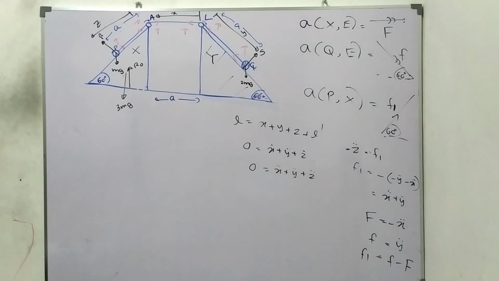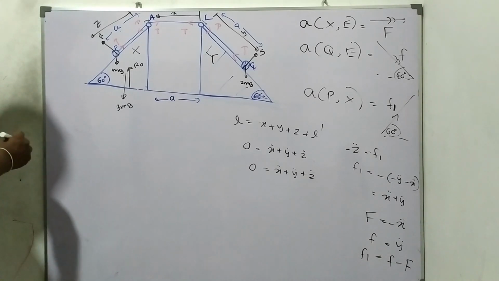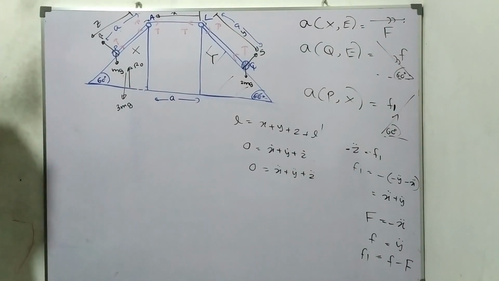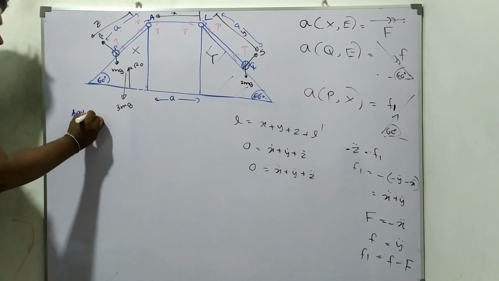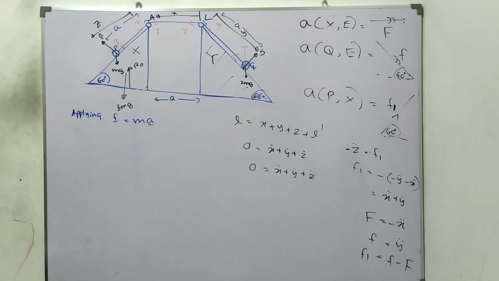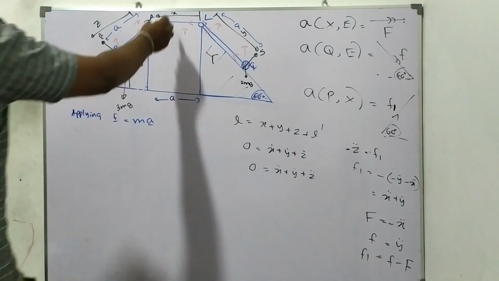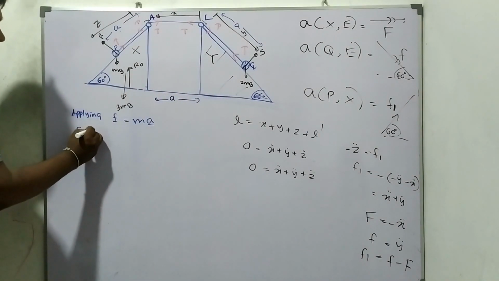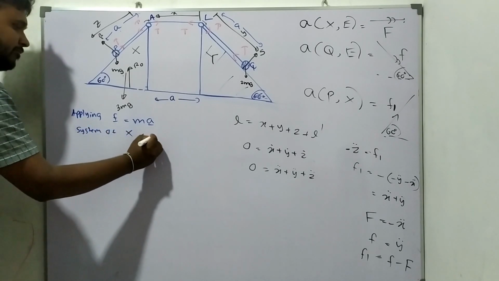Now we have the connection between these accelerations. Okay, now all the accelerations are ready, and now you can write the equation of the Newton law. You can apply Newton's law F equals ma for the system, for the motion in X. So first of all, I am going to apply it for this whole system of capital X wedge.